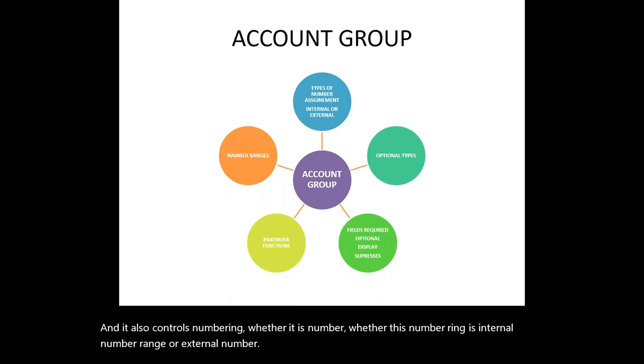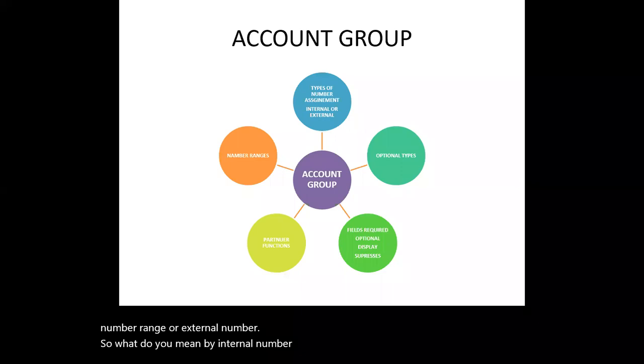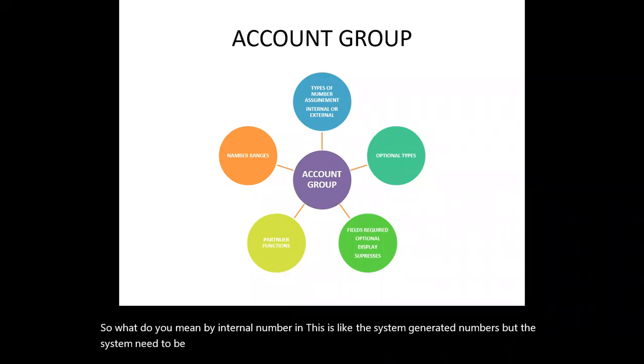Internal number ranges are system generated numbers, meaning the system generates the number automatically, whereas with external number ranges the user needs to enter it manually. That will be controlled by account group only, right?